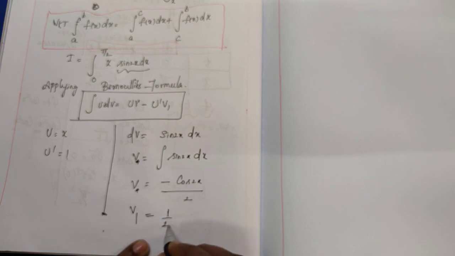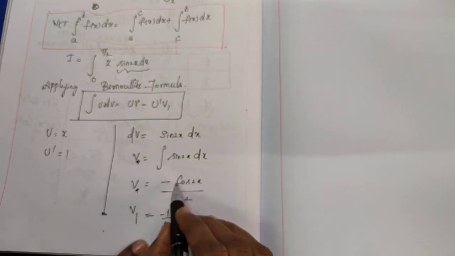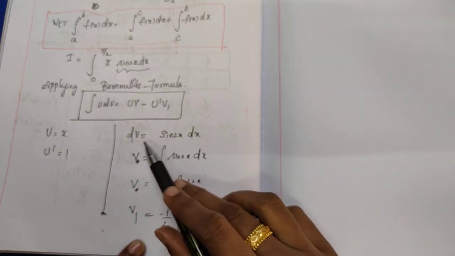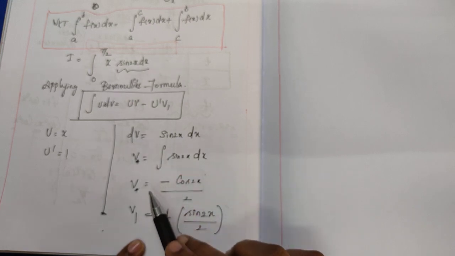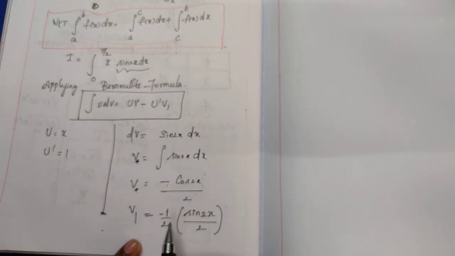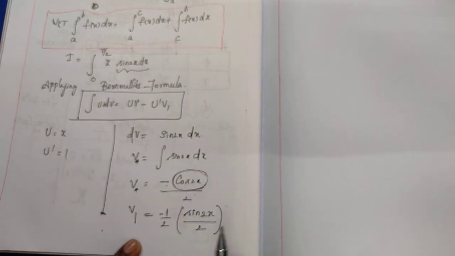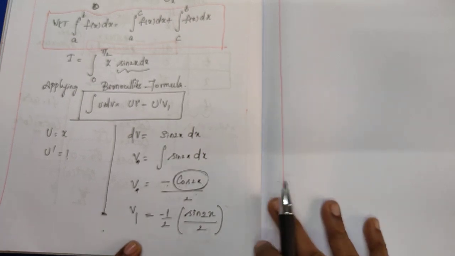So v is minus cos 2x by 2, and v1 is minus 1 by 2 times the integration of cos 2x, which is sin 2x by 2.